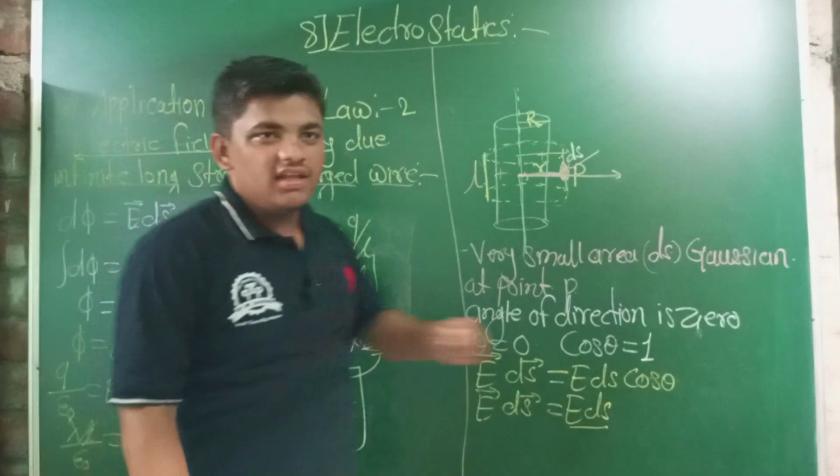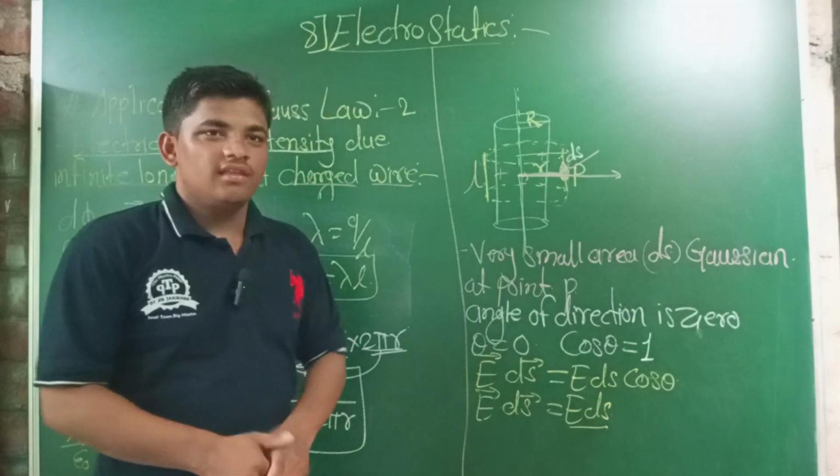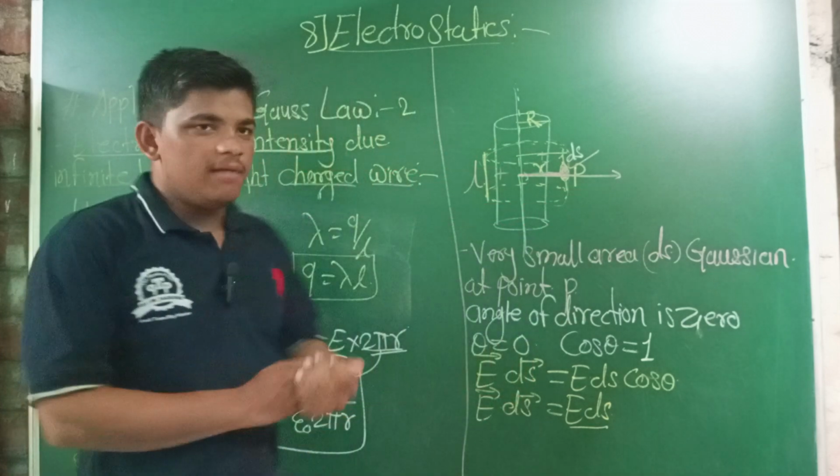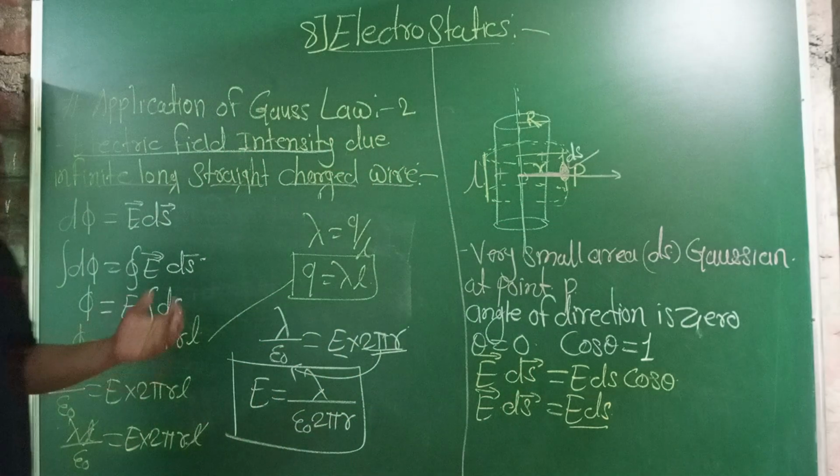Lambda is the linear charge density. This whole system is kept in a medium, and the permittivity of that medium is epsilon.